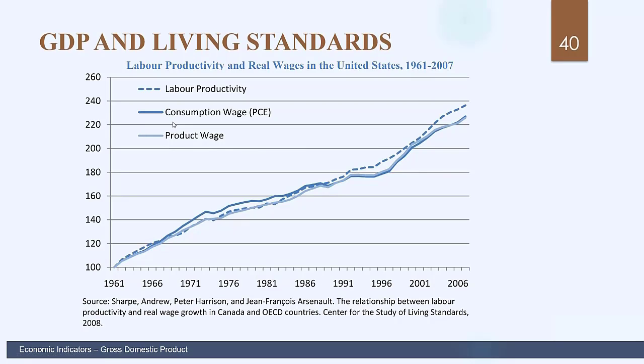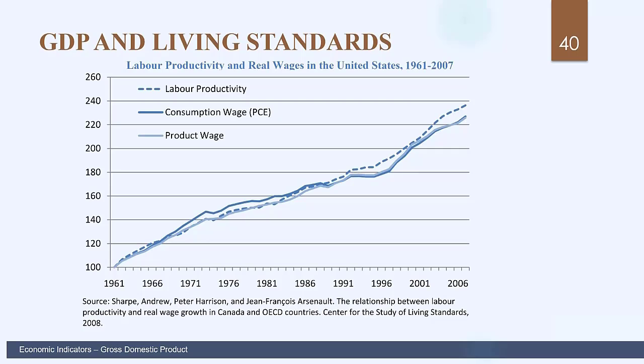It's basically what we can actually afford. A real wage, similar to when we calculated real GDP, if we look at a series of real wage figures, these are adjusted for prices, so we can compare them over time.